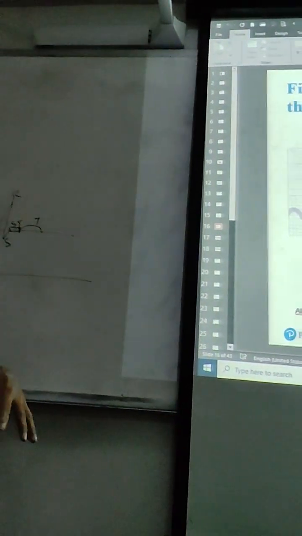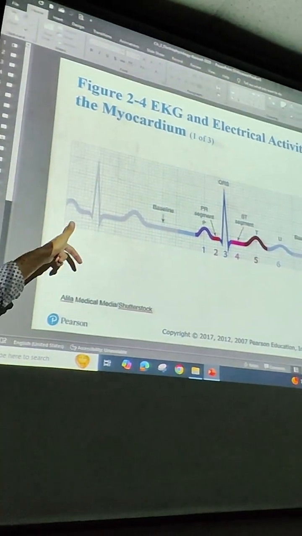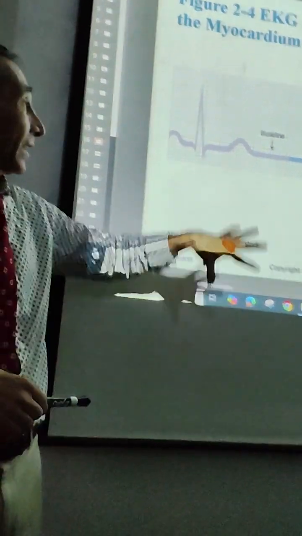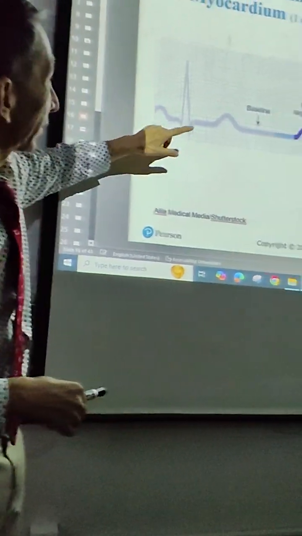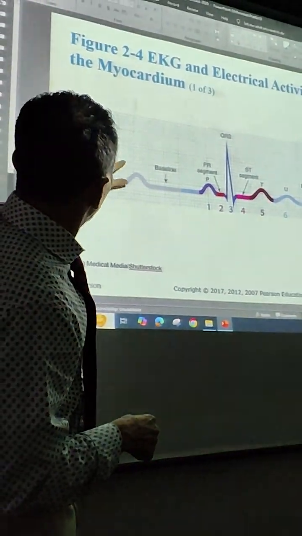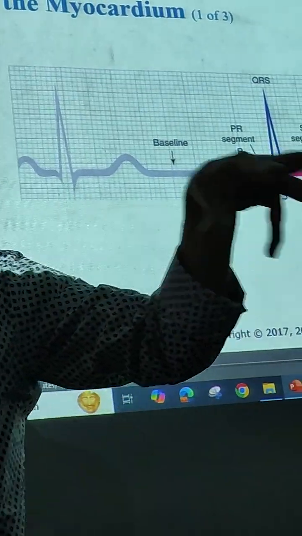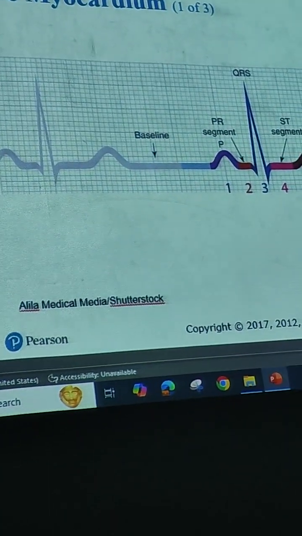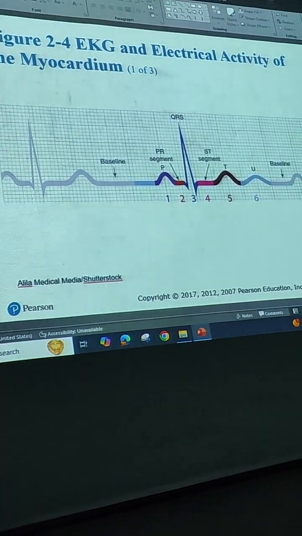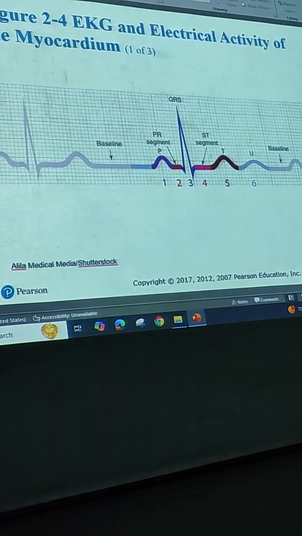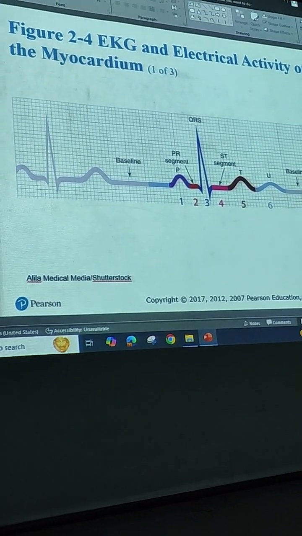Later on, we're going to talk about each little square inside this big square. Do you see that there are big squares right here? But in between, there are little ones. And that's how we're going to count how fast your heart is beating or how slow it is.